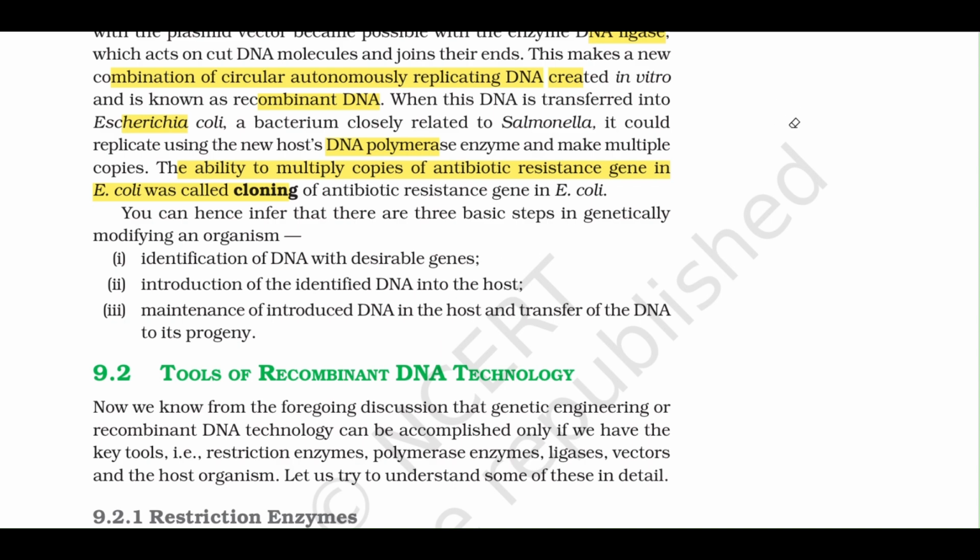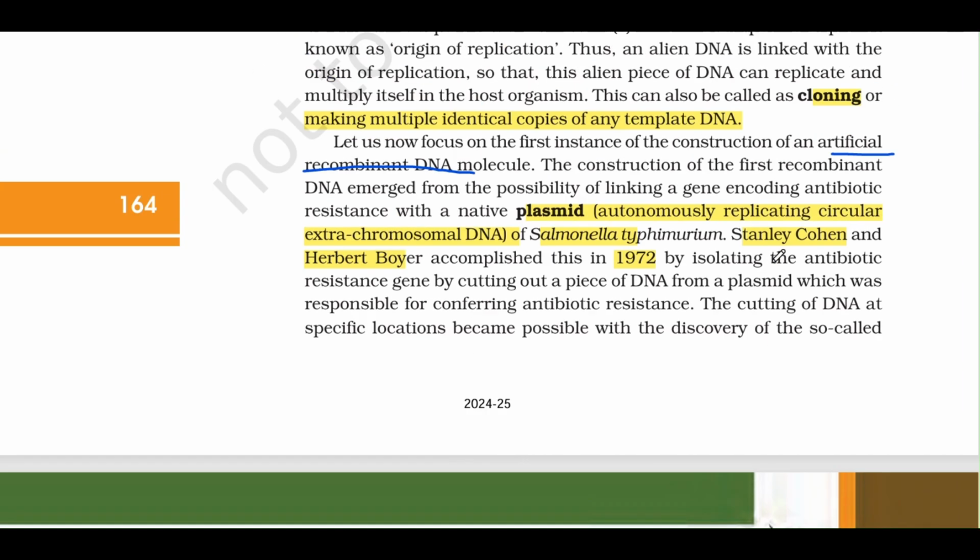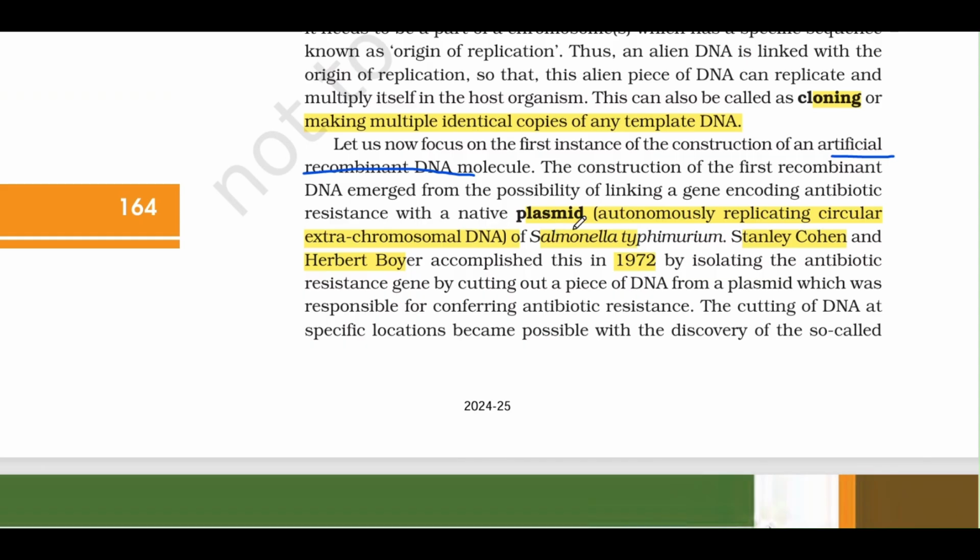First we take the desired DNA, then we introduce this DNA into a plasmid. We know that a plasmid is an autonomously replicating circular extrachromosomal DNA.